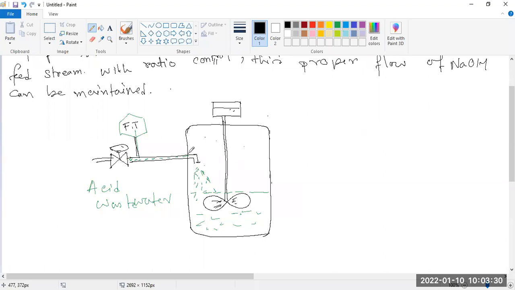So whenever this acid waste is coming, we have to apply some sodium hydroxide. That is a base. That is sodium hydroxide solution.